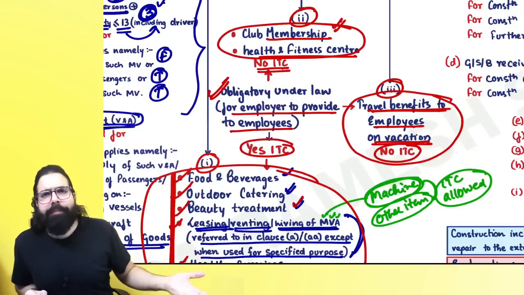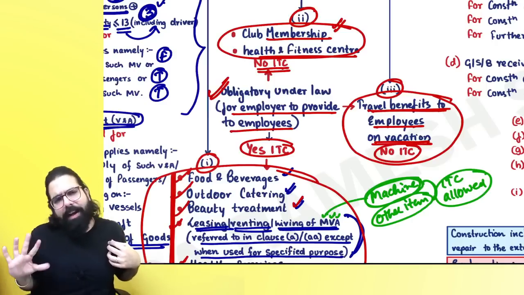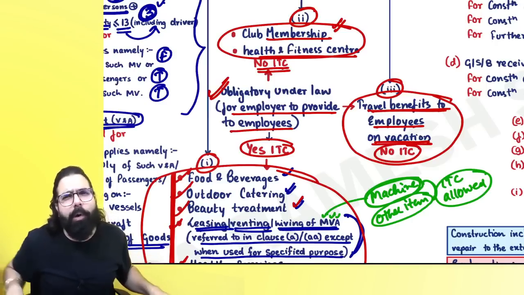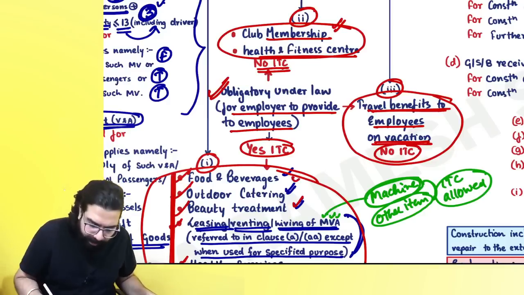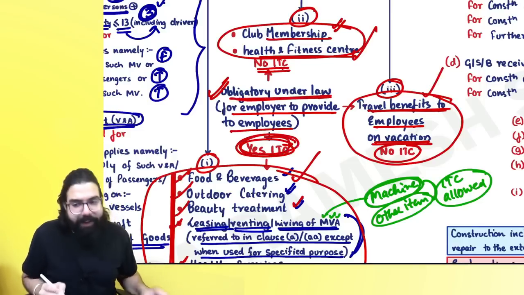So he hired a caterer so that the food can be served to the employees in the factory, and the credit of the outdoor catering will be allowed because the service has been provided as an obligation under law. Remember one thing, if it is provided as an obligation under law, ITC will be allowed.